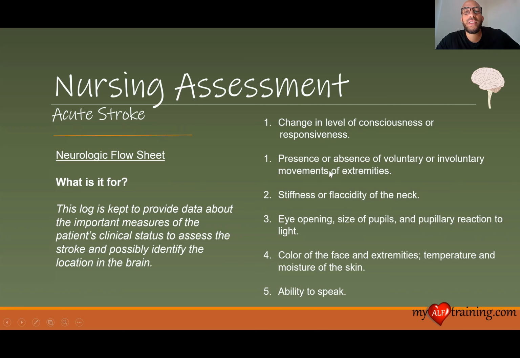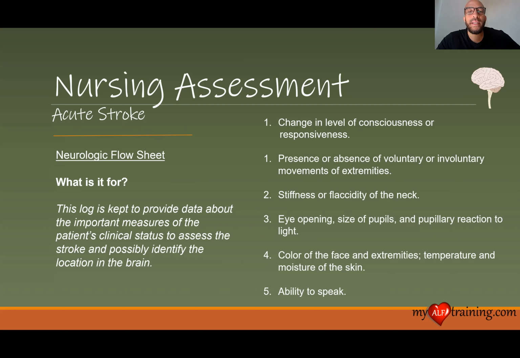Well, changes in the level of consciousness or responsiveness. Because sometimes patients have a stroke and they're okay. Maybe they can still communicate, but their speech is a little garbled, or their left arm is significantly weaker than the right. But then, as we talked about, remember, strokes only lead to more strokes.